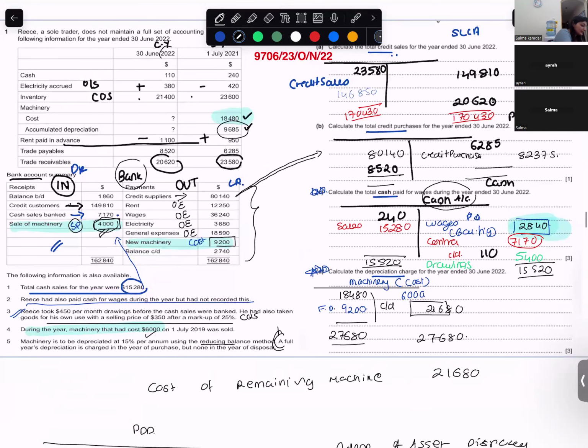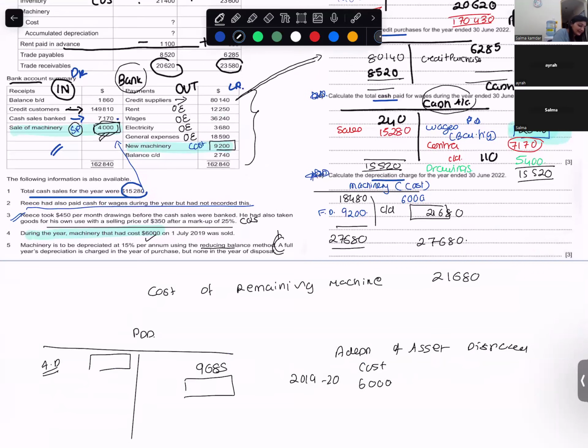So 2019, 2020, 2021, and we've sold in this year, right? So 3 years' depreciation you'll remove, no depreciation in the year of sale. So 6,000 into what percentage? 15%. 900.